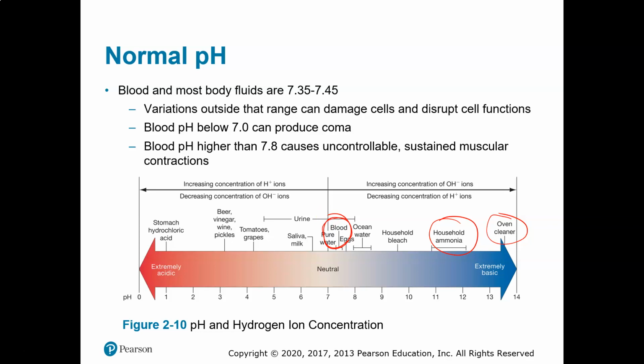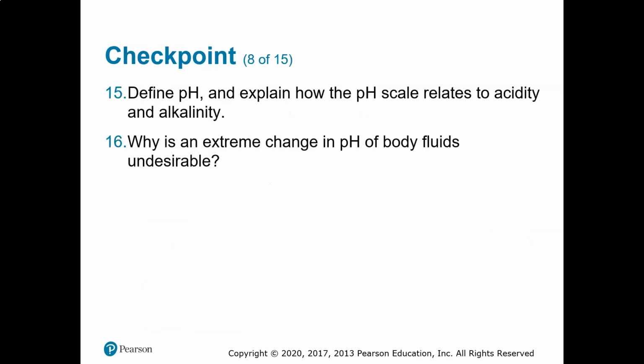Pure water is neutral. Urine varies between being acidic to slightly basic. It kind of depends on the composition of your urine. And stomach acid or hydrochloric acid is extremely acidic, so it has a low pH.